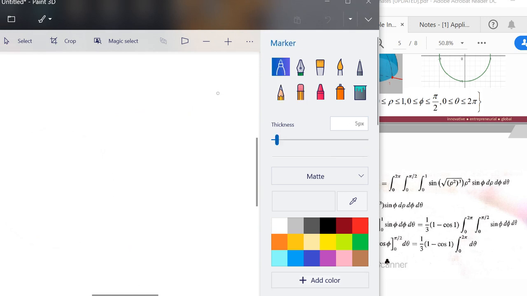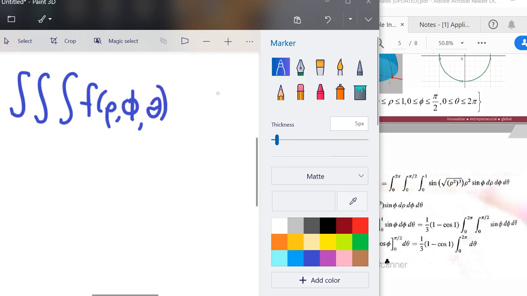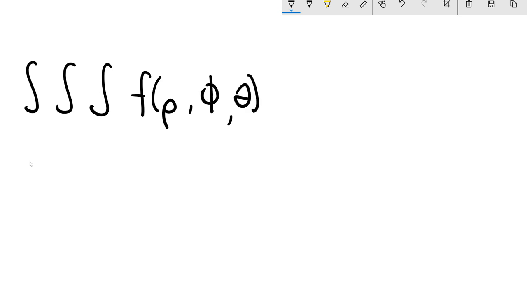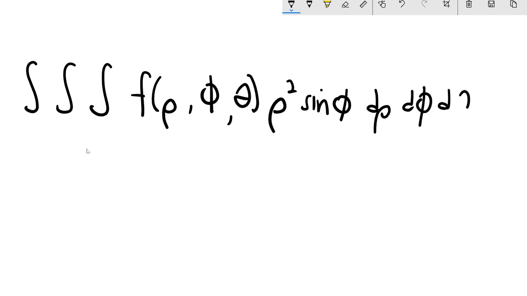So we have a triple integral. Our function in terms of rho, phi and theta has rho squared sine phi, then d rho d phi d theta.